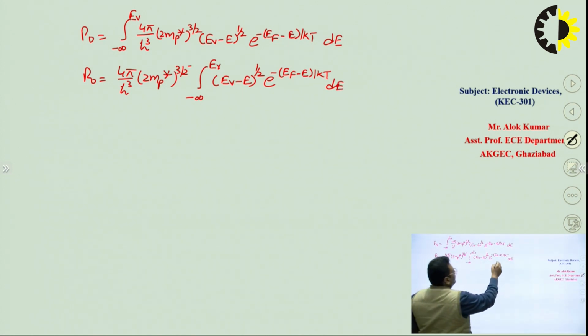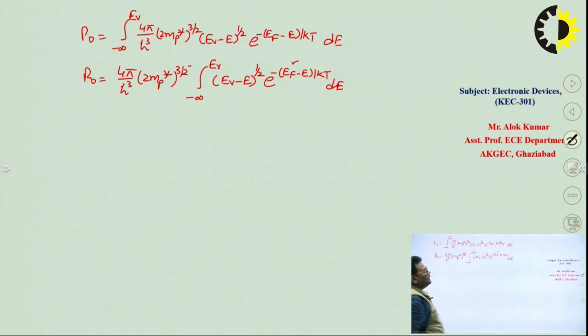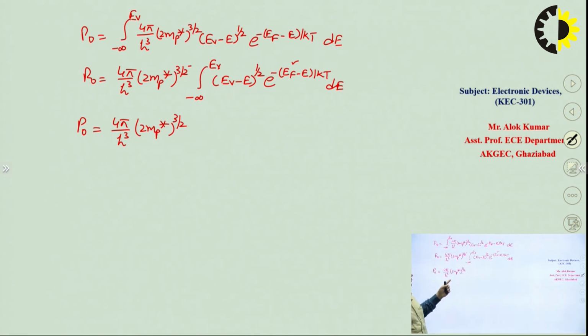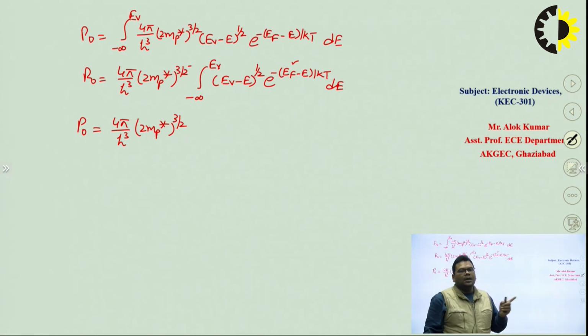Now in this term I will add EV and subtract EV. So I will write P naught is equal to 4 pi upon h cube into 2 mp star to the power 3 by 2. Here mp star and mn star are the effective masses of hole and electron. Mp star represents the effective mass of holes, whereas in the calculation of n naught, mn star was the effective mass of electrons.